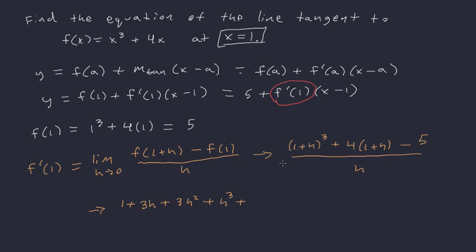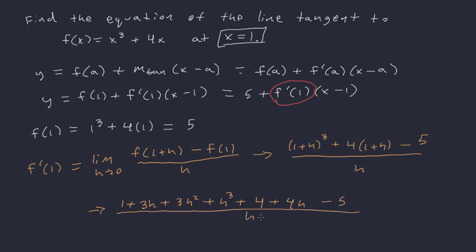I'll spend a little more time on that in another video, but for right now, I want to move on. So anyway, then we'll distribute the 4 to get 4 plus 4h, and then we'll have minus 5.